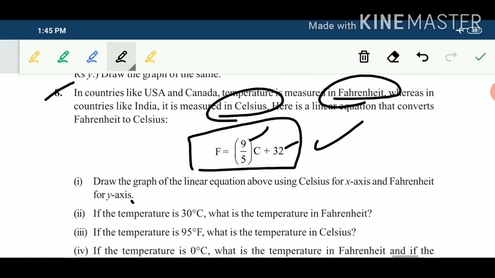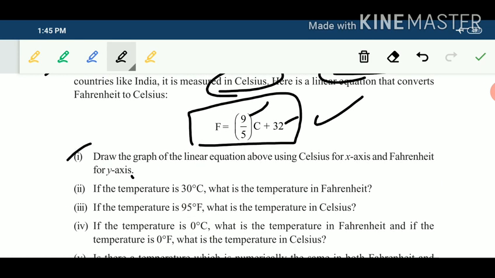Now the first part is draw the graph of the linear equation above using Celsius for the x-axis and Fahrenheit for the y-axis. So the value of C is x and the value of F is y. So put any value of x and find the value of y and plot it on the graph.